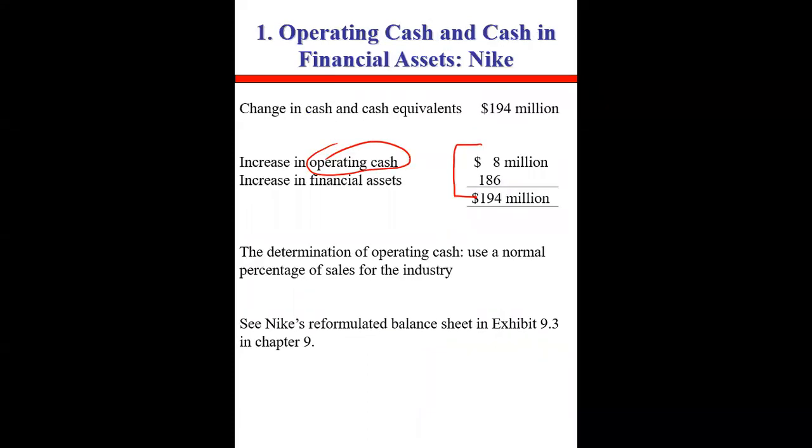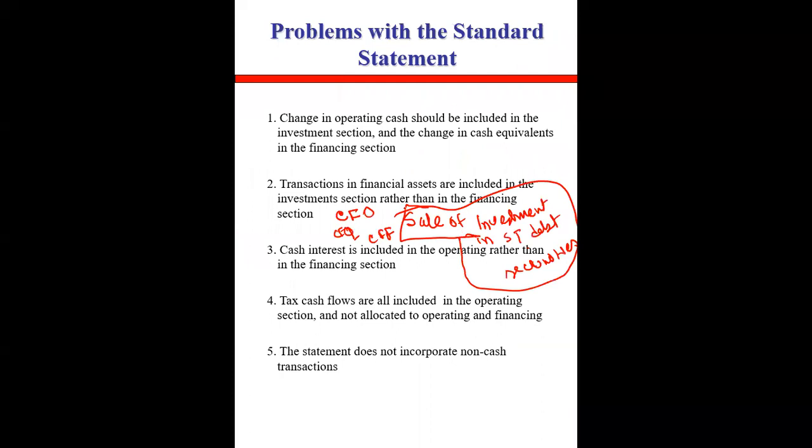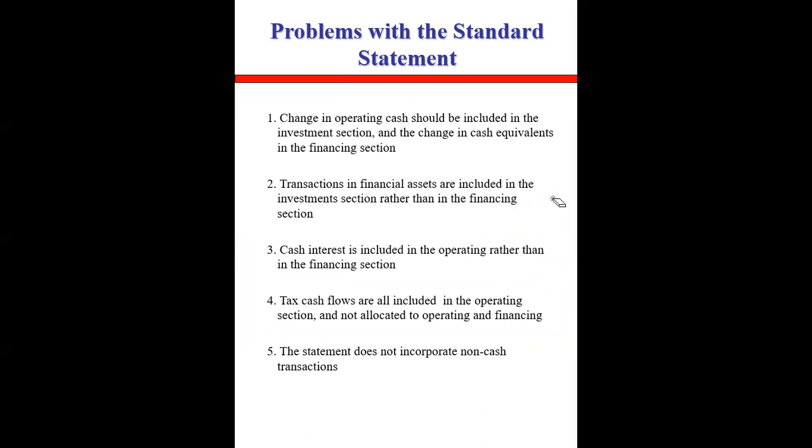Next thing I would like to talk about: what is the problem? IFRS and generally accepted accounting principles give some prescription regarding how you show the cash interest in the standard cash flow statement.